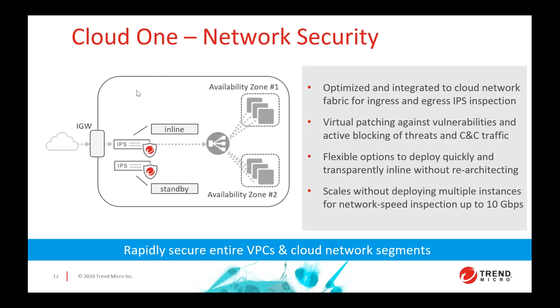The egress and ingress traffic can be inspected using our IPS solution. So this can be deployed at the network level and scales without deploying multiple instances of network inspection, up to 10 Gbps. So with one instance only, it can support up to 10 Gbps throughput capability, along with the IPS. I mean the threat prevention throughput, not the stateful inspection throughput.